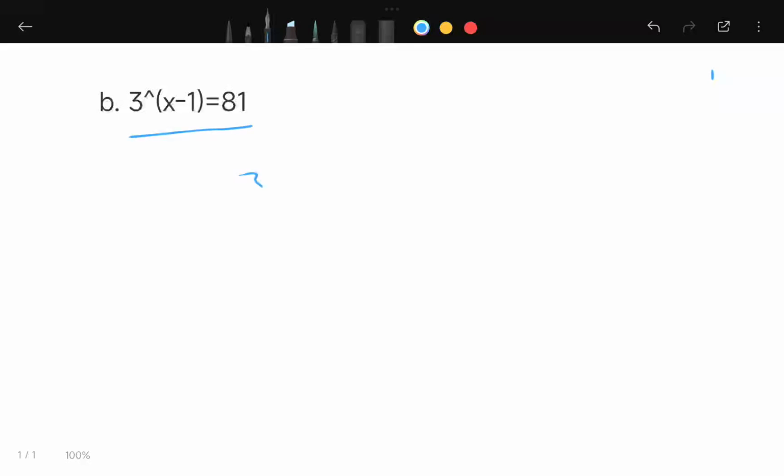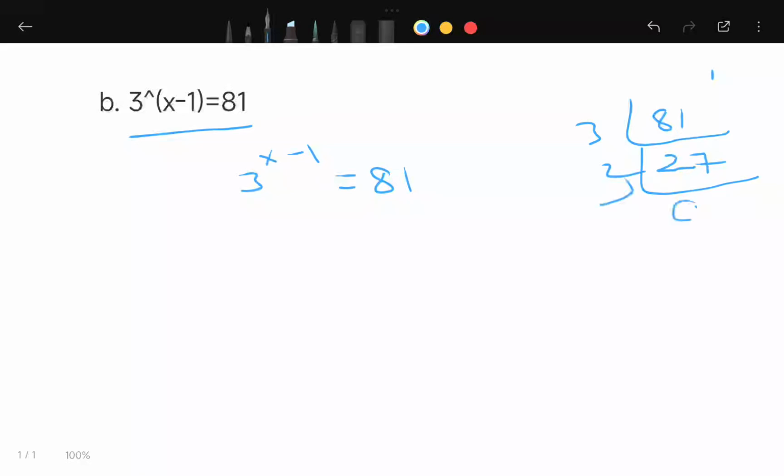3 power x minus 1 equals 81. So again let us prime factorize. It is not divisible by 2. Let's see by 3. Yeah, it is divisible. 3 27s are 81, 3 nines are 27, 3 threes are 9, 3 ones are 3.